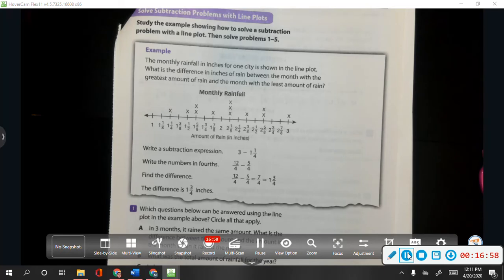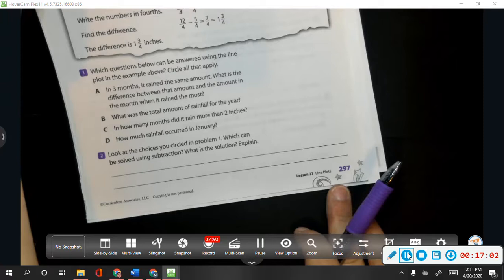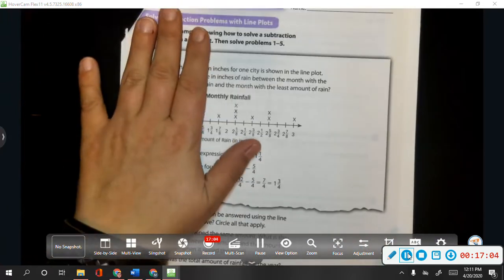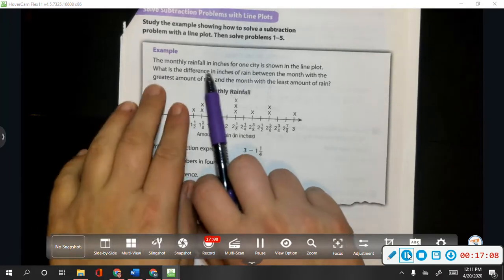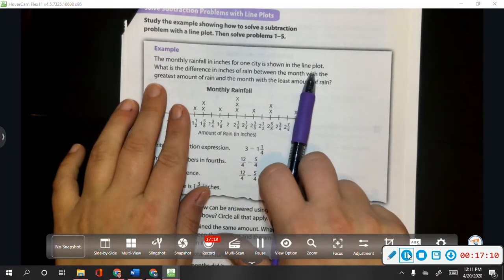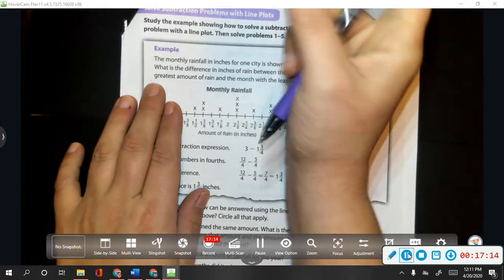Alrighty, guys. So we are in the practice book, page 297, subtracting line plots. Let's look at our example. The monthly rainfall in inches for one city is shown in the line plot. What is the difference? There's our subtraction word right there.